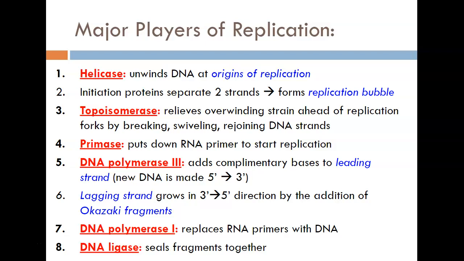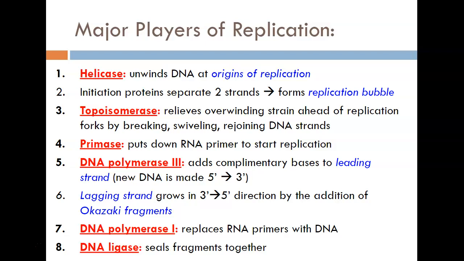It is the major player moving along the DNA and pulling in the free nitrogenous bases, the A's, T's, C's, and G's, and adding them onto what we call the leading strand. And newly synthesized DNA is going to be made in the 5' to 3' direction. Again, I will show you what that means in a little bit.